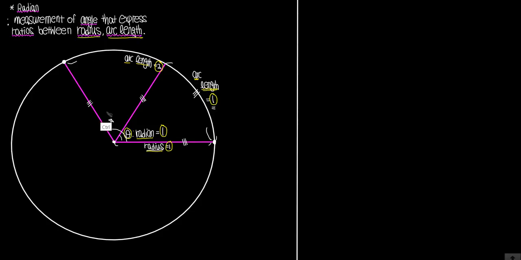If we notate it in terms of theta, which is a radian, we express it as 2. And again, if the radius is 1 and the arc length is equal to 2, then we define the ratio between the arc length and the radius, the radian, as 2.